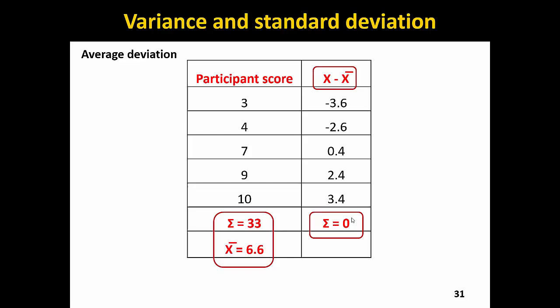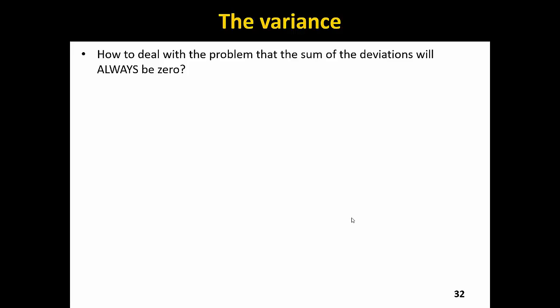And if we wish to gain an idea of how much these scores varied around the average, this would not be very helpful. So the fix to this zero-sum problem is to calculate something called the variance. For the variance, we basically just square the deviations.